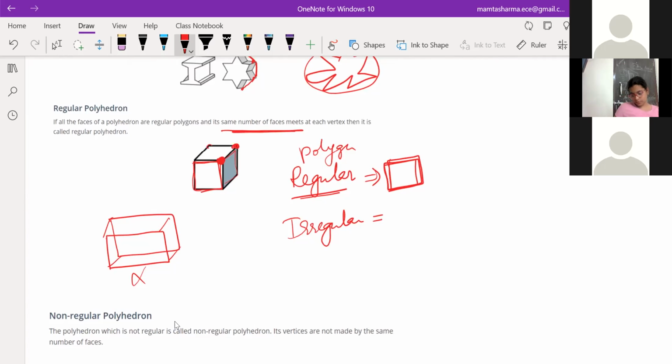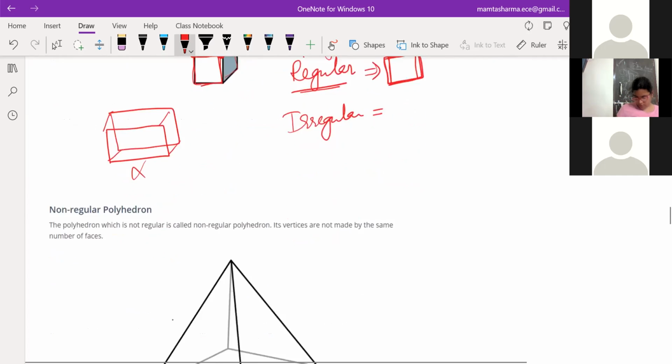At each and every vertex of a polyhedron, the same number of faces should meet. See, at this vertex, 3 faces are meeting, right? At each and every vertex, the same number of faces are meeting.